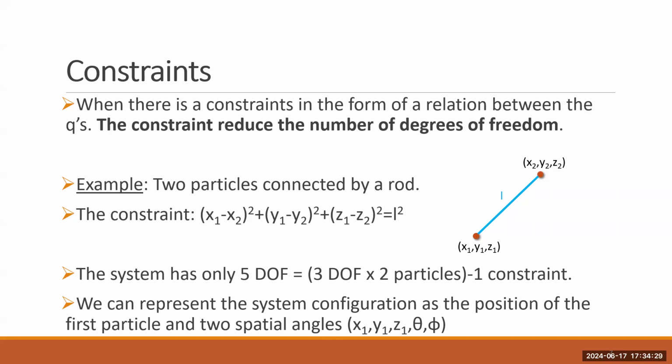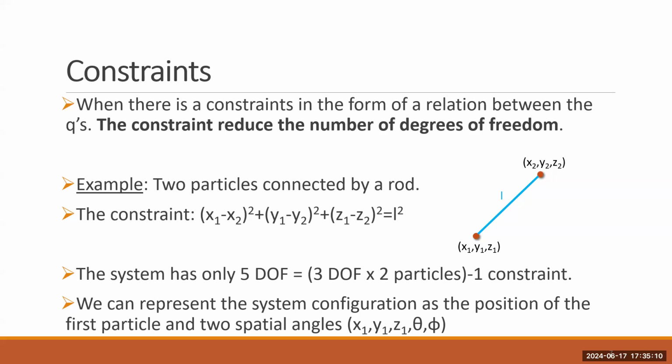You can also think about it as having the position of 1 particle, which is 3 degrees of freedom, and 2 angles between the 2 particles. Because only 2 angles, this elevation and azimuth, determine the position of the second particle.